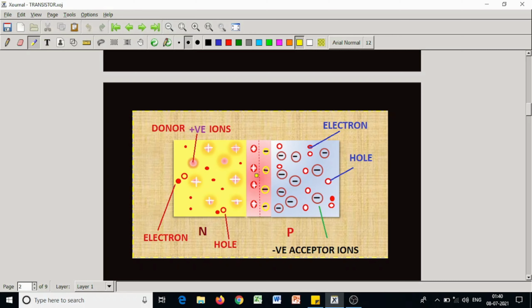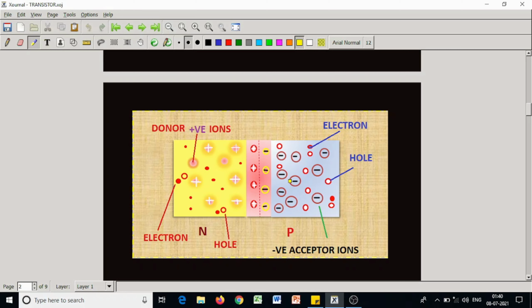This field prevents further flow of holes in this direction. This positive repels these holes, and this negative charge repels the further flow of electrons. So this region is depleted of mobile charges, and this potential barrier prevents the further flow of electrons and holes.